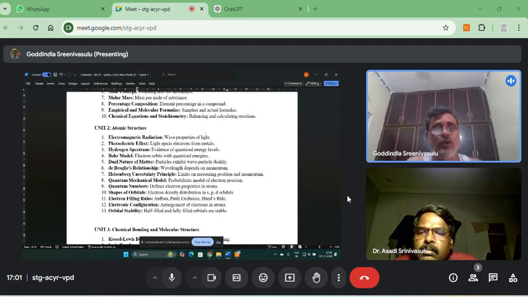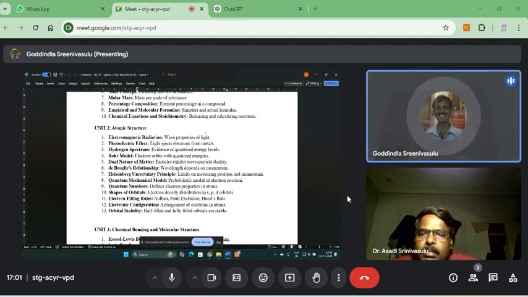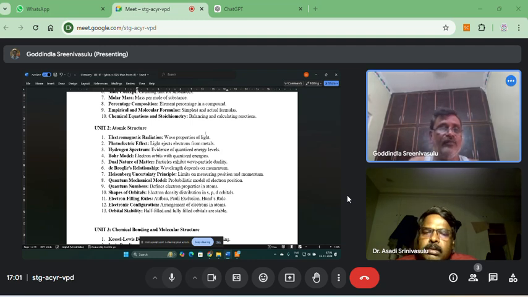The dual nature of matter: a particle exhibits wave nature as well. Then the de Broglie relationship, the wavelength depends upon the momentum. Lambda is equal to h by mv. h is the Planck constant, mv is the momentum. Then the Heisenberg uncertainty principle.